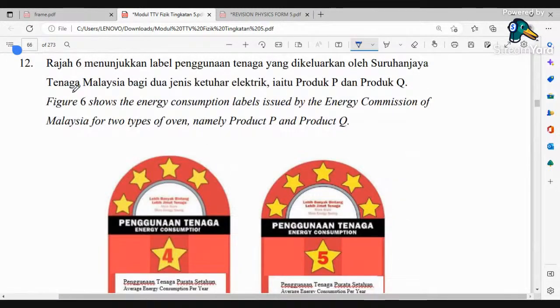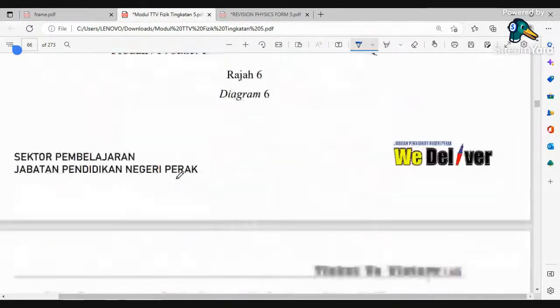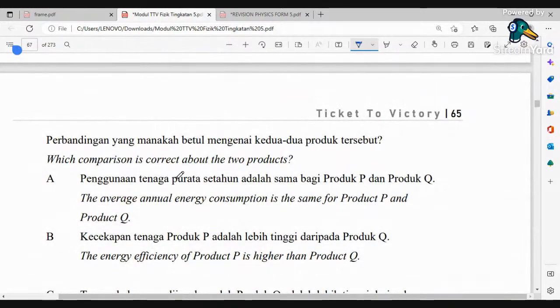Okay, number 12, label issued by Energy Commission of Malaysia for 2 types of oven. So you can see the power use 311 kilowatt hour, 389 kilowatt hour. Which comparison is correct about 2 products?